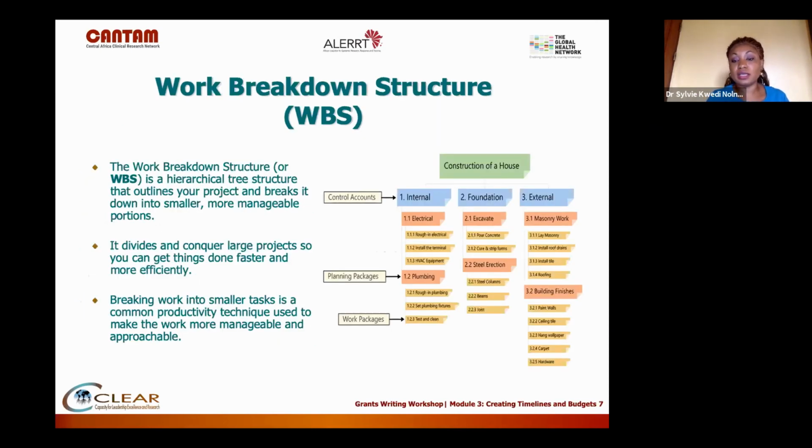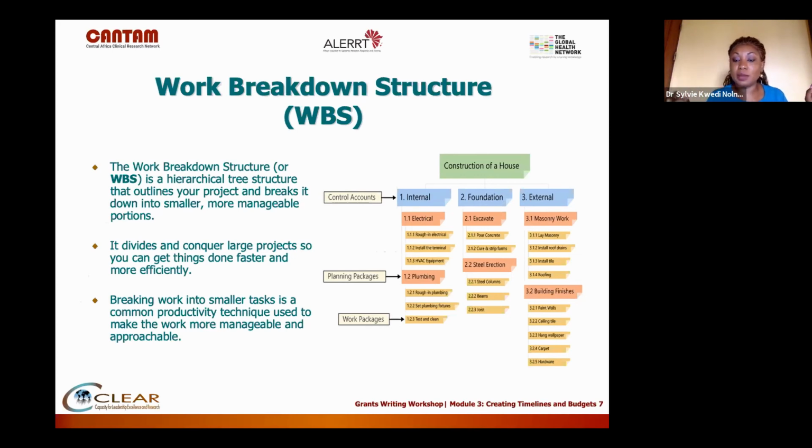So here's an example of a work breakdown structure. Basically, you take your entire project and you break it down into smaller and manageable portions.